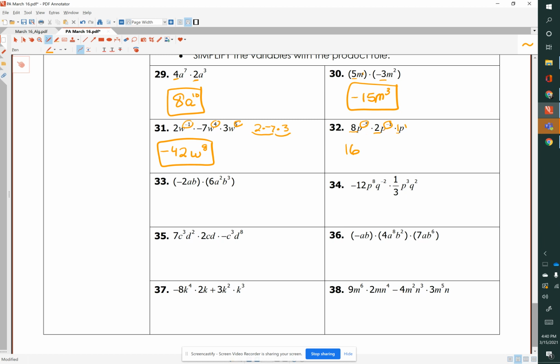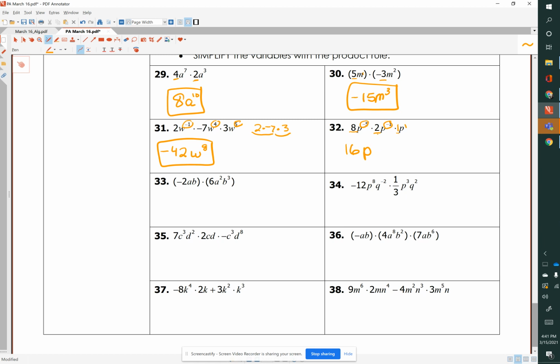Negative 5 times negative 1 is positive 5. Positive 5 times 1 is 5. So, I'm sorry, negative 5 times negative 1 is positive 5. So that should be a positive 16p to the fifth power.